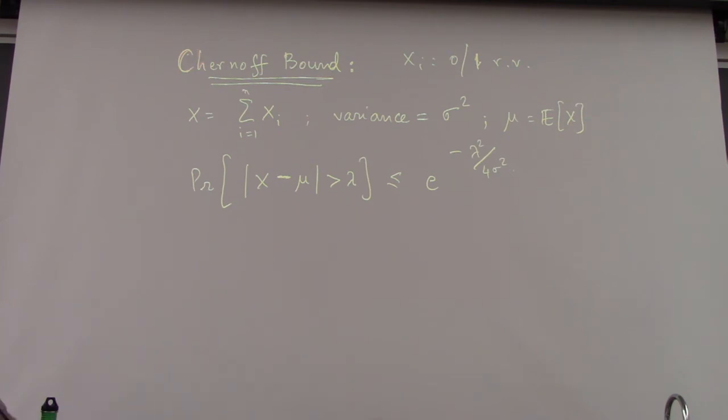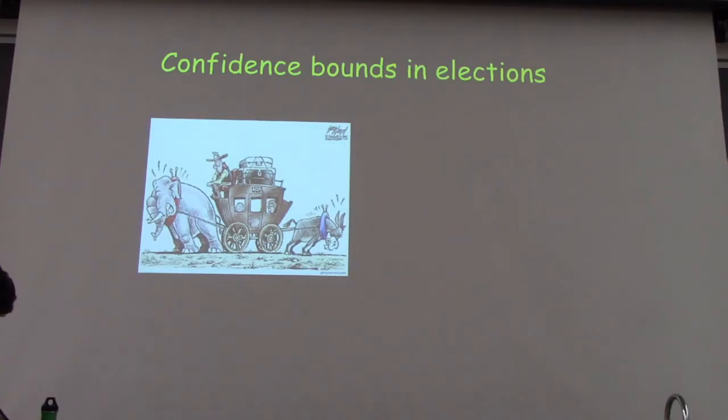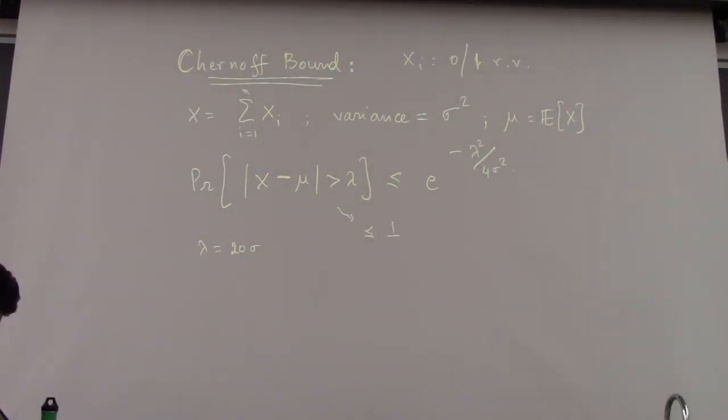So this is a very powerful statement. It's a much stronger bound than what Chebyshev's inequality tells us. To see the power of this, suppose you set lambda equal to, let's say, 20 sigma. Then Chebyshev's inequality tells us that this probability is smaller than or equal to something like 1 over 400.